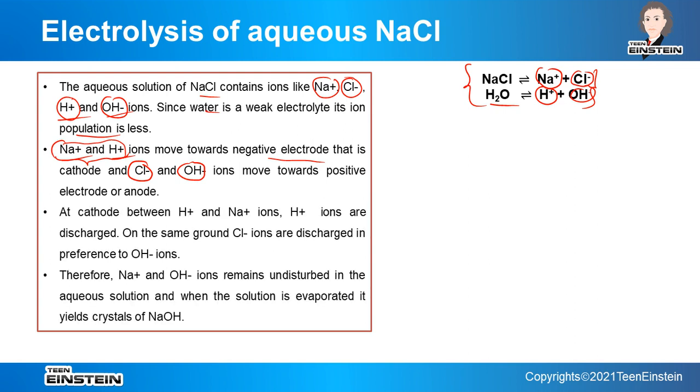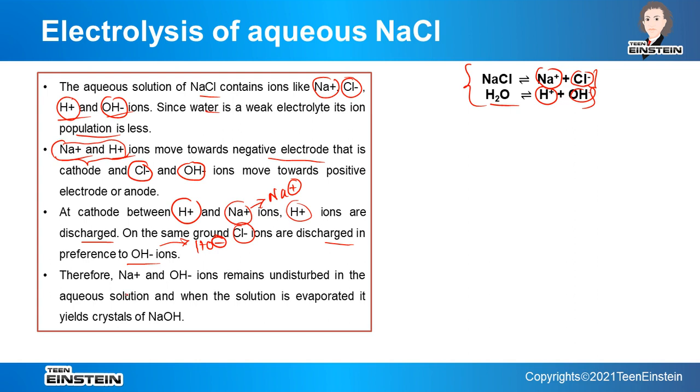So here at the cathode, between H+ and Na+ ions, H+ ions are discharged, and on the same ground, as Cl- is winning the competition, Cl- ions are discharged in preference to HO-. So it means Na+ will remain as Na+, and HO- will remain as HO-, because they are not going towards the cathode or anode.